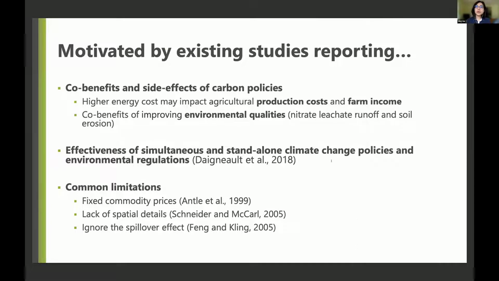Of course, we saw some previous studies on this topic, and they generally reported some co-benefits and side effects of carbon policies.